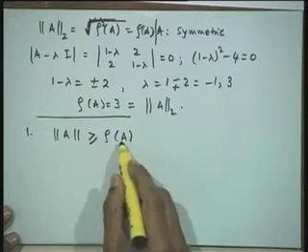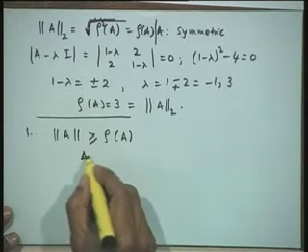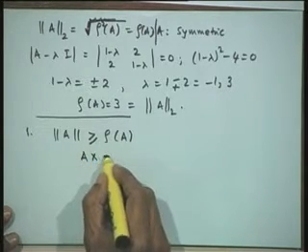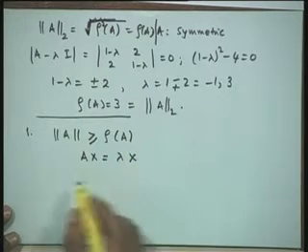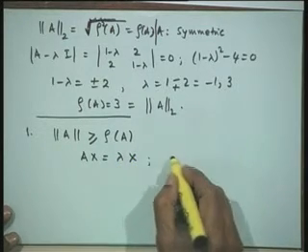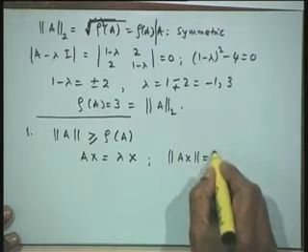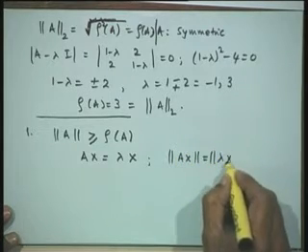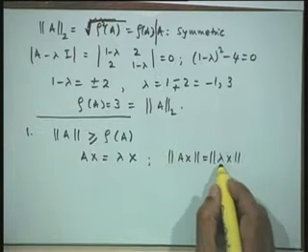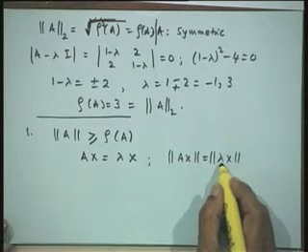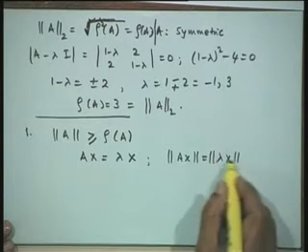But the proof for this is just one line from the definition of an eigenvalue of a matrix. So, if I write down Ax is equal to lambda x, the definition of an eigenvalue problem, I take norm on both sides. So, I will write down norm of Ax is equal to norm of lambda x. Lambda is a number which is real or complex, therefore, it comes out as magnitude of lambda. So, I will first write the right hand side.